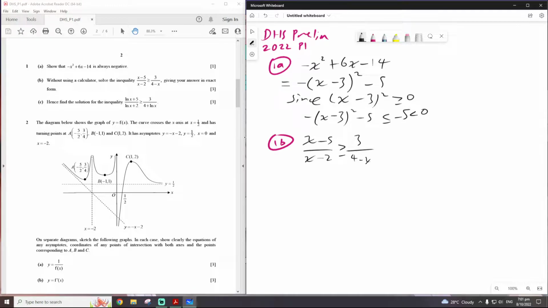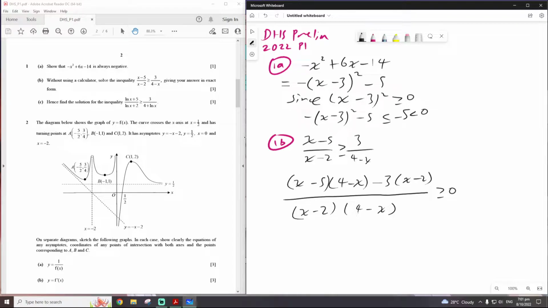So we're going to combine the denominators as per usual, which gives us (x minus 5)(4 minus x) minus 3(x minus 2), divided by (x minus 2)(4 minus x), and this is greater than or equals to 0. We'll simplify this.